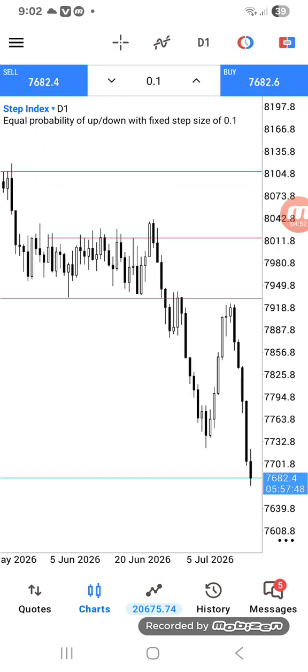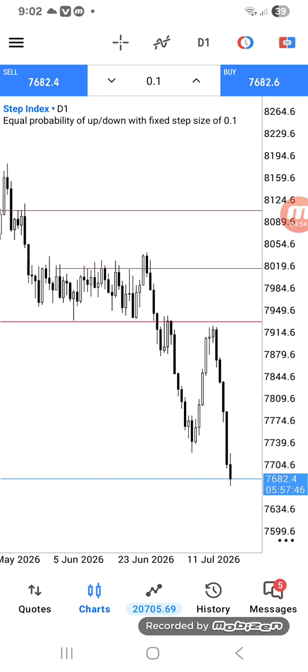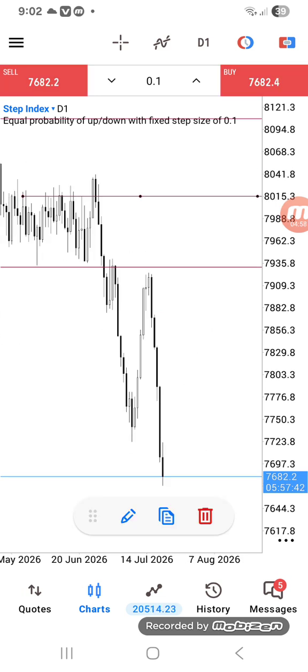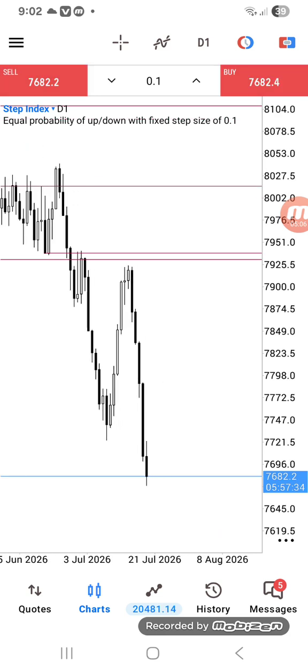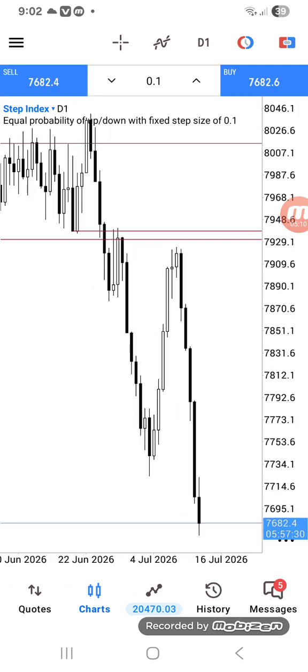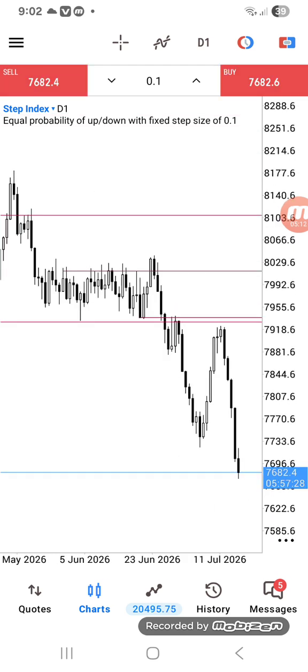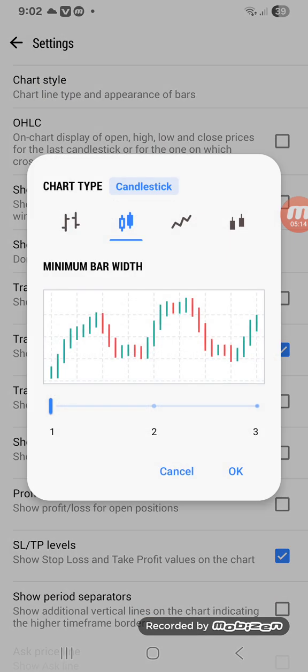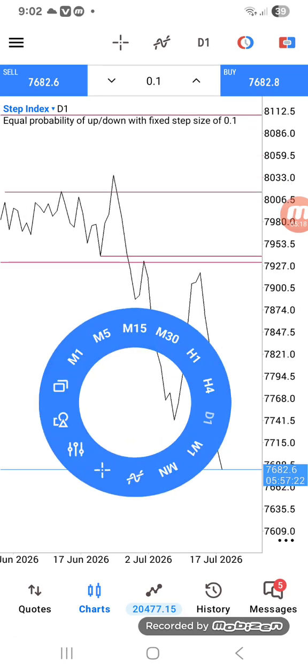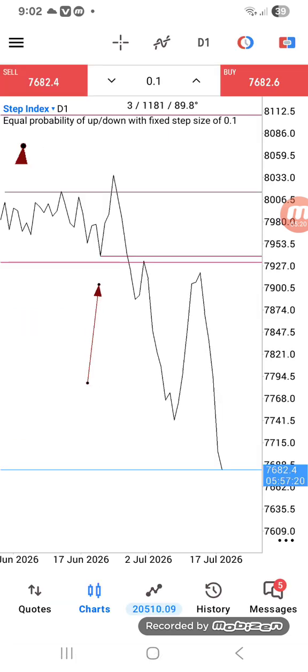When we move to the daily time frame, where do we get our breakout? The breakout happened here. Again, let's see on the line chart. The line chart shows us the breakout around this point.